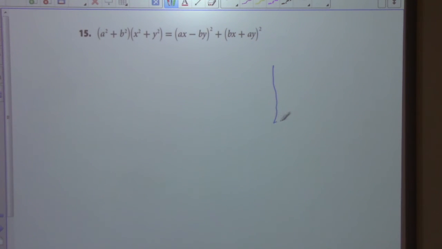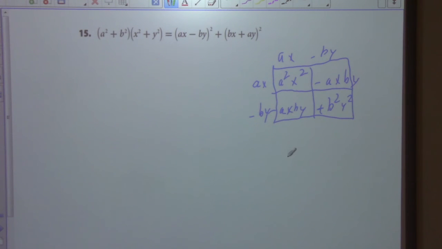What I would do is set up a couple boxes like this. So here we have ax minus by, ax minus by, and you just multiply these together, you get a squared x squared, and you get negative ax by here, and negative ax by here, and over here you get positive b squared y squared.